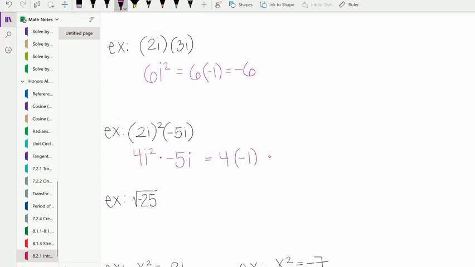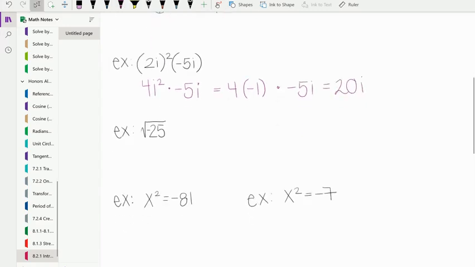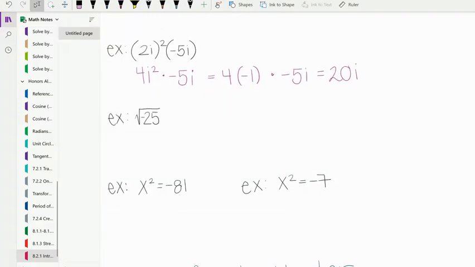And then times -5i, so we're really doing -4 times -5, and then all of that times i. So it would be 20i. When we have the square root of -25, that would just be 5i, since it's just the principal root.